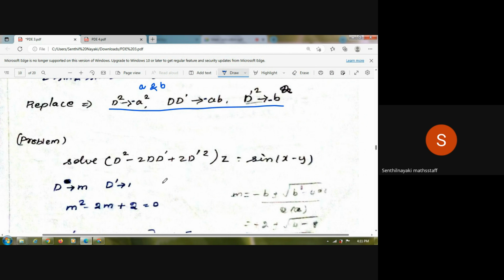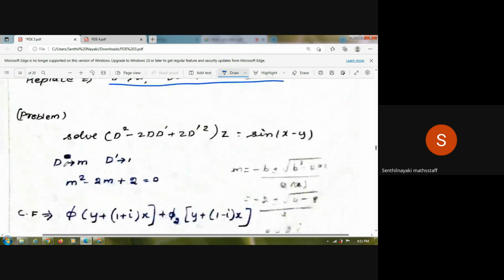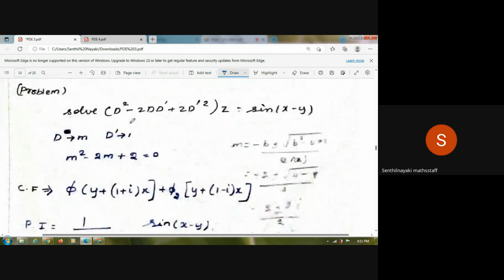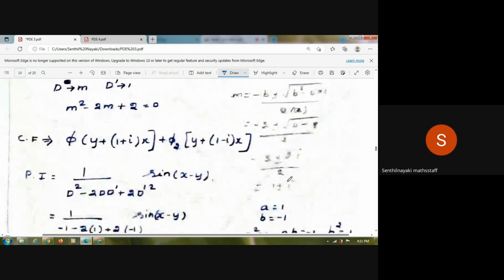For finding the complementary function, the procedure is the same in all cases. Replace D by m and D dash by 1. Therefore, we get m squared minus 2m plus 2 equals 0. Therefore, the roots are 1 plus or minus i. So there are two complex roots: the first root is 1 plus i, the second root is 1 minus i.